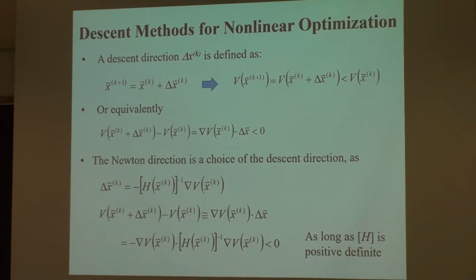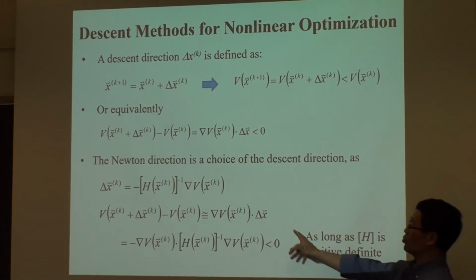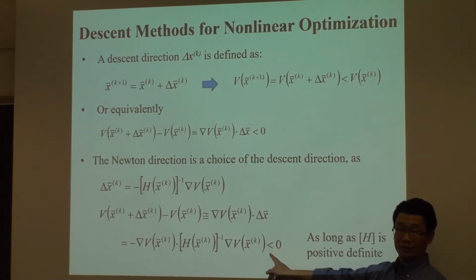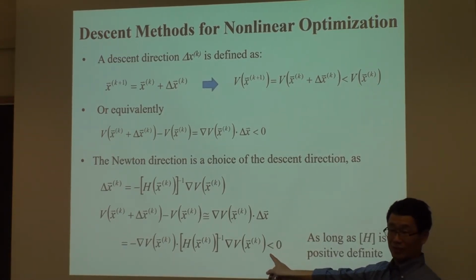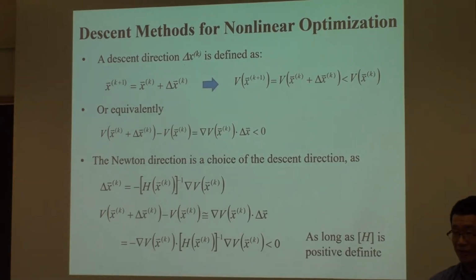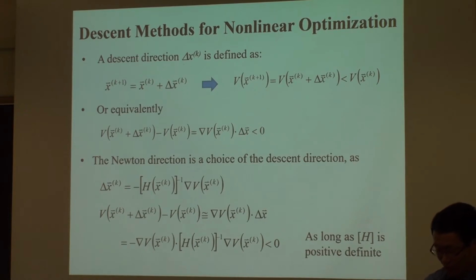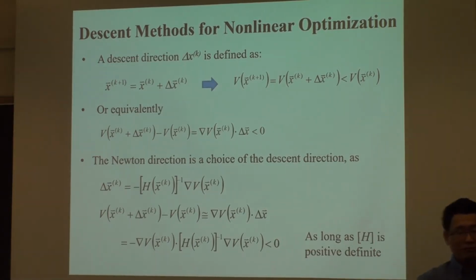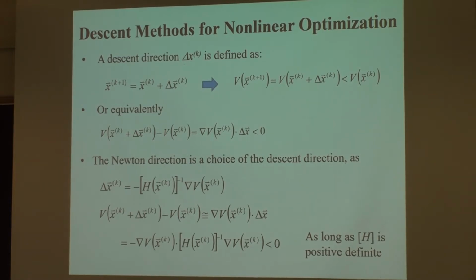But if your delta x is small enough, then it's guaranteed to be smaller than 0. So there's the basin of attraction. If my delta x is small enough, this can be guaranteed, and so your Newton method tells you a direction in which your objective function will decrease locally.